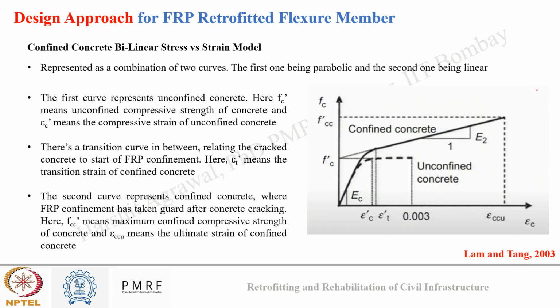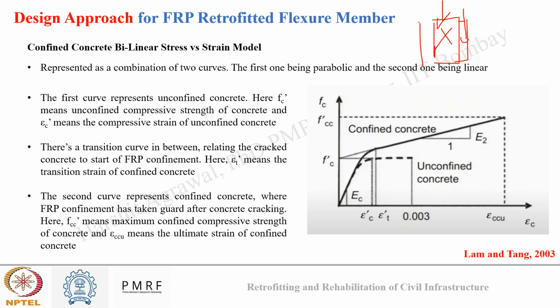Now, in axial loading of a column, we discussed that the action of confinement starts when the existing concrete fails to take load. So the behavior of the retrofitted column is a bilinear relationship. Why do we say bilinear? Initially the concrete takes the axial load, and once the concrete fails, the FRP takes the axial load.